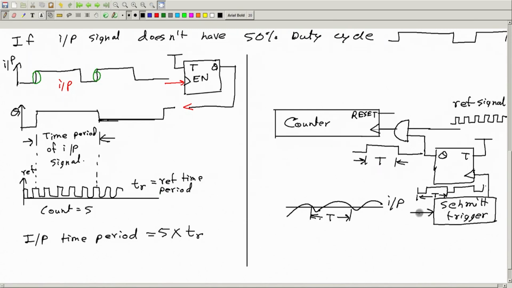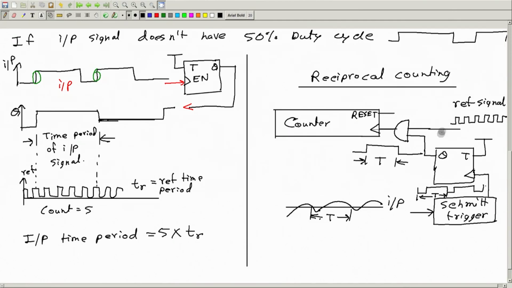Okay. So, first you make the input a rectangular one, then you can use this flip flop, and then within one period of the input you count the number of cycles of this reference signal. This is how it works. So, this is reciprocal counting. Very much similar to the normal counting.